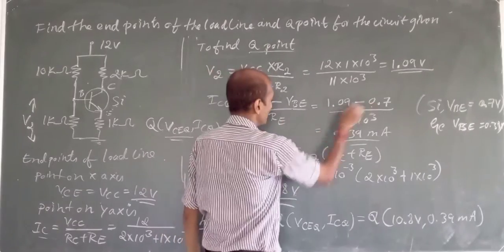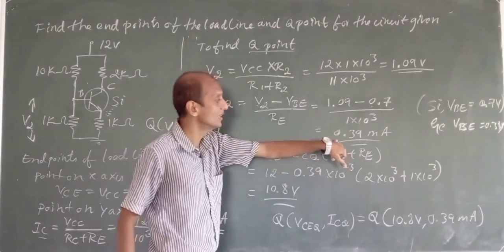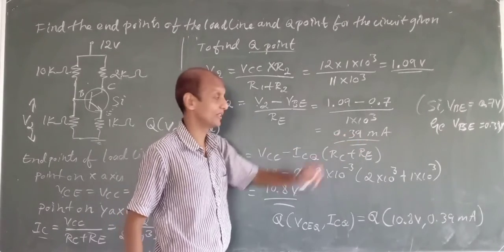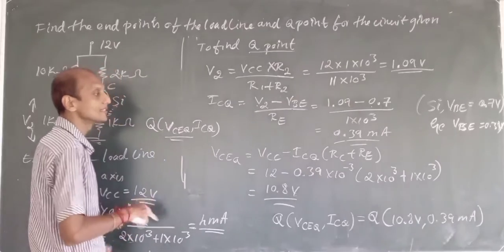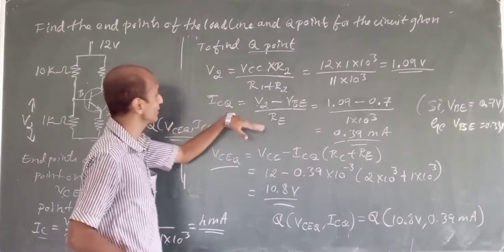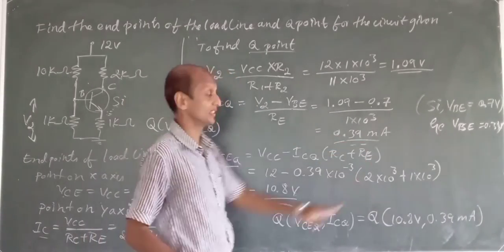I am substituting those values, and RE is 1 kilo ohm. If I put all these values, that will come out to be 0.39 milliamperes. So I have found ICQ: 0.39 milliamperes.